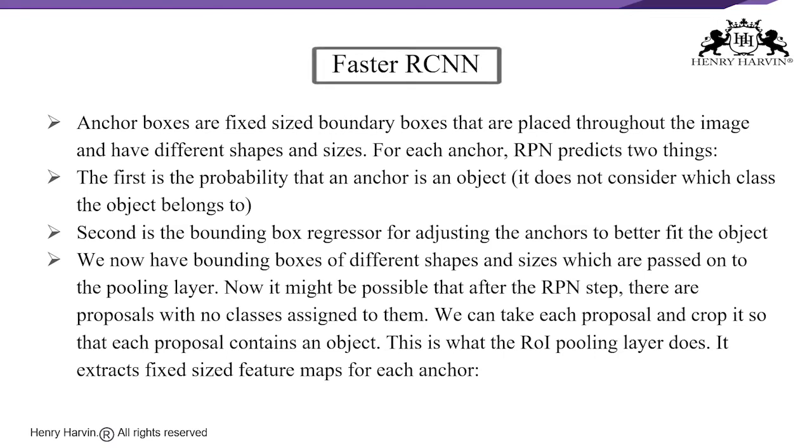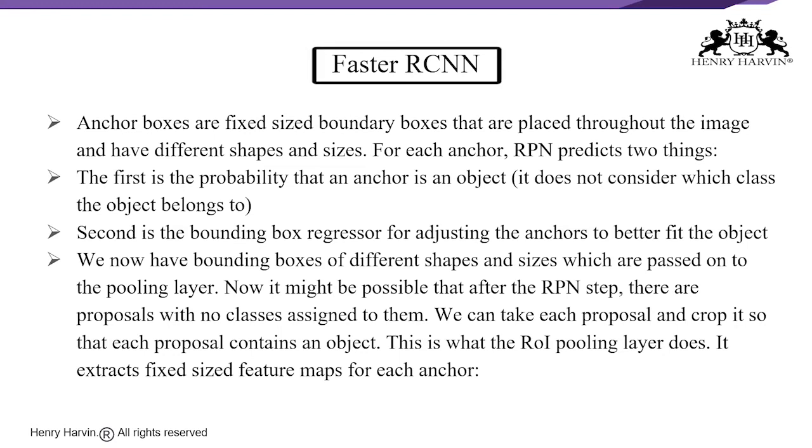So now we have bounding boxes of different shapes and sizes, and these will be passed to the ROI pooling layer. It might be possible that after the RPN step, there are proposals with no classes assigned to them. So we can take each proposal and crop it, so that each proposal contains an object. This is how the ROI pooling layer works.